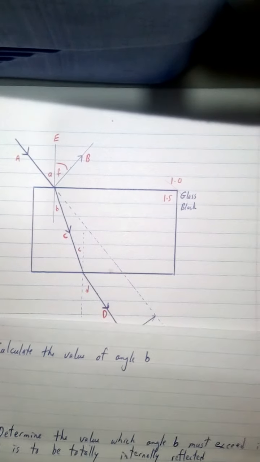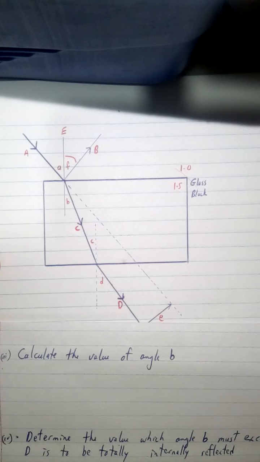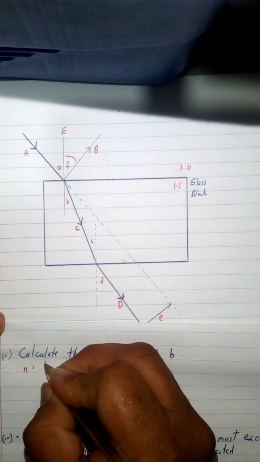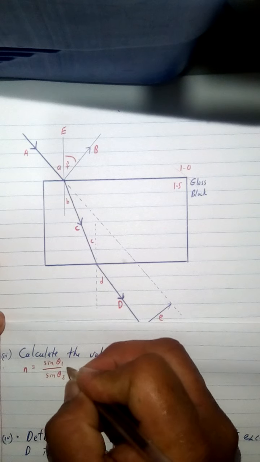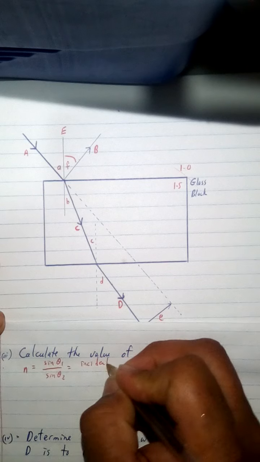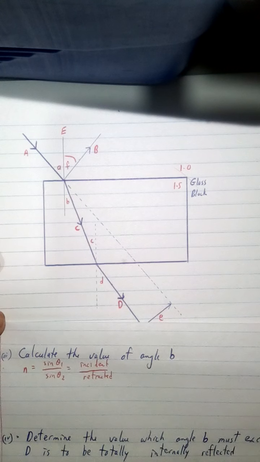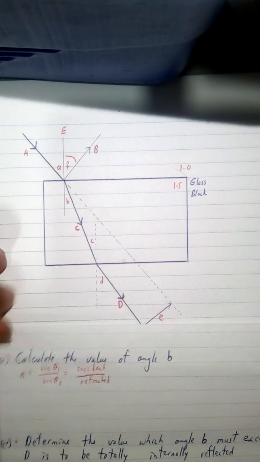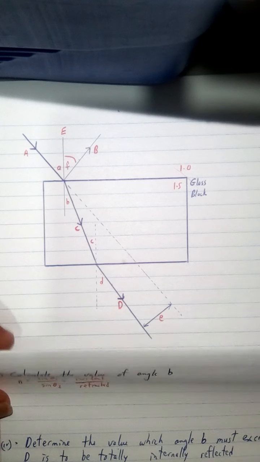Now to calculate the value of angle B, we know that Snell's law states the refractive index is equal to the sine of angle 1 over the sine of angle 2, which is incident and this is refracted. For us to determine this angle B, we must know what is angle A, which we were told to be 60 degrees.